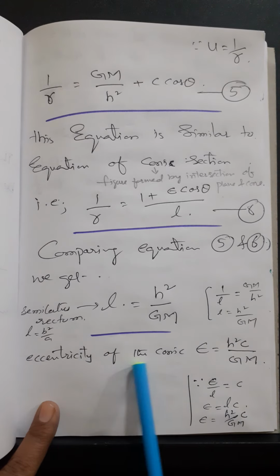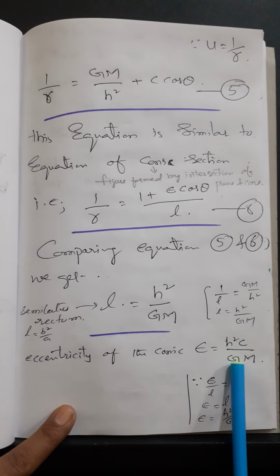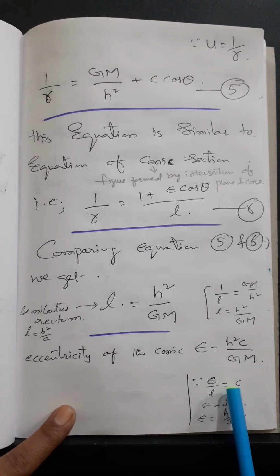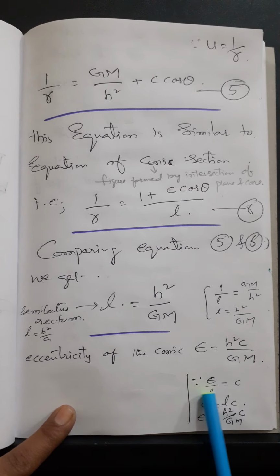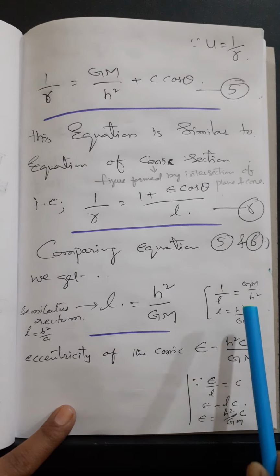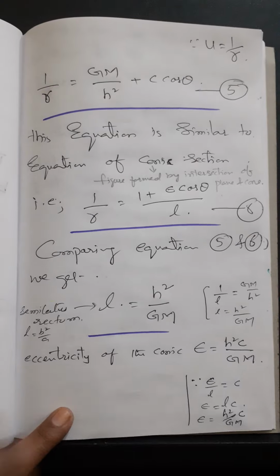So the eccentricity of the conic section, epsilon, is equal to h square c by gm. We know that eccentricity is epsilon by L is equal to c. This is the general definition. So epsilon is equal to Lc, and the L value is h square by gm times c.